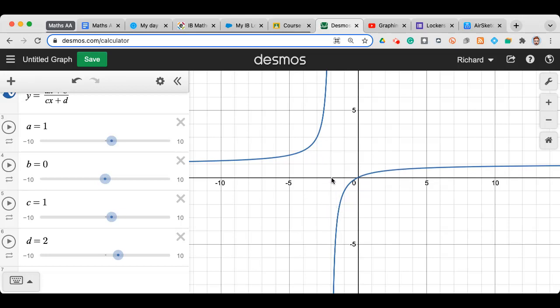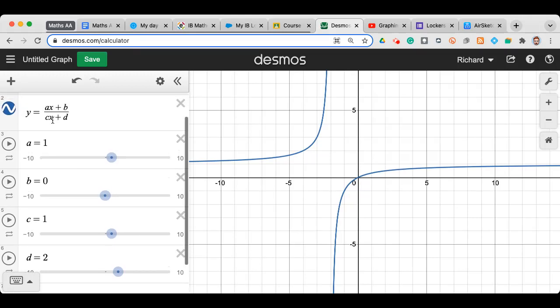Because as I approach that point, I'm going to get a denominator which is either very, very big or very, very small. The denominator is cx plus d, and so if I solve cx plus d for 0, I'm going to get negative d on c.